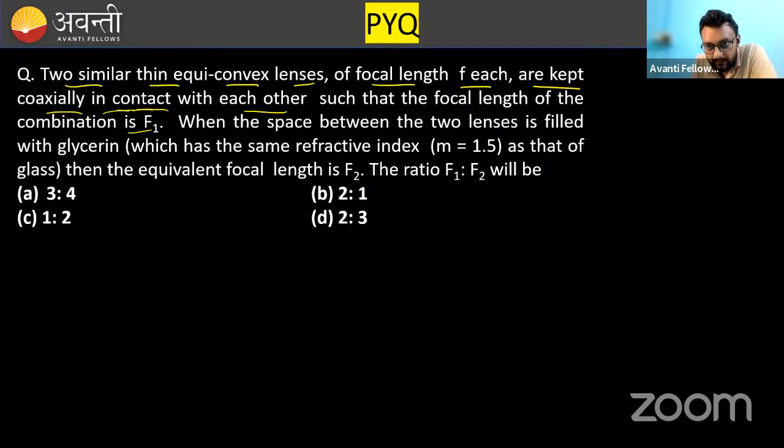These are the two lenses, one and another. There shouldn't be a space. These two lenses are placed in contact. Both have a focal length f. Clear? And the combination has a focal length f1.